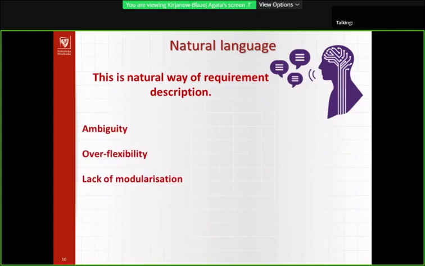The readers and writers of the requirement must interpret the same words in the same way. Over flexibility. The same requirement could be described in a number of different ways in the specification, and lack of modularization. Natural language structures are inadequate to structure system requirements.